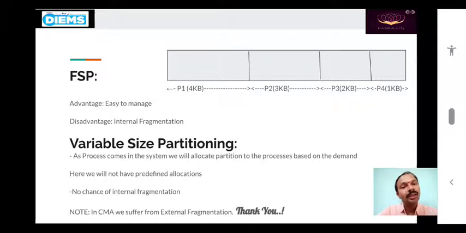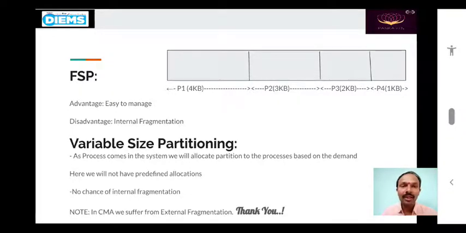So here, when a process comes into the system, we allocate the partition to the process based on the demand, based on the size of the process. Let us say P1 has come with 4 KB size, P2 has come with 3 KB size, P3 has come with 2 KB size, P4 has come with 1 KB size. Here the partitions were not made already.